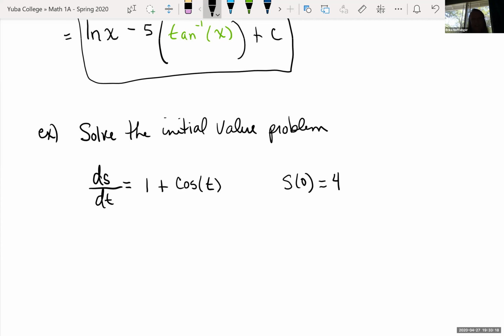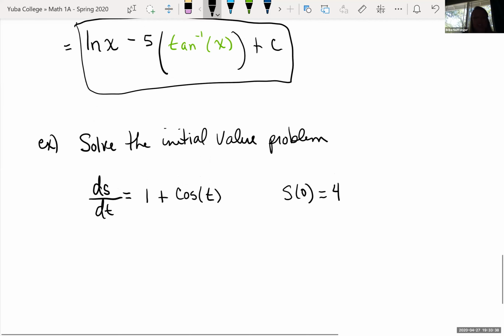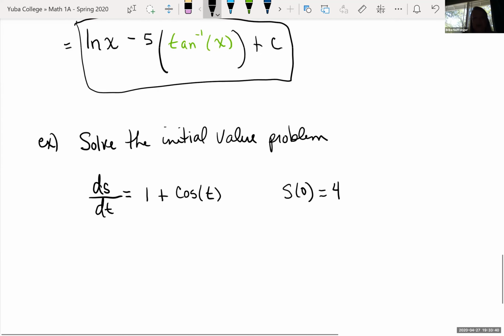If we were given the acceleration, I could take the antiderivative of that to get the velocity and the antiderivative of that to get the position. So I'm looking at this ds/dt as kind of a position function at time t, but you don't have to think of it that way. That ds/dt is telling me that's the derivative of s.